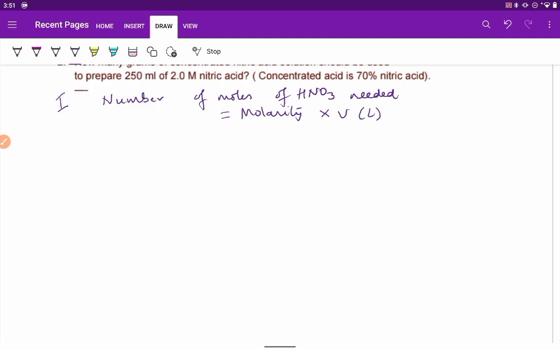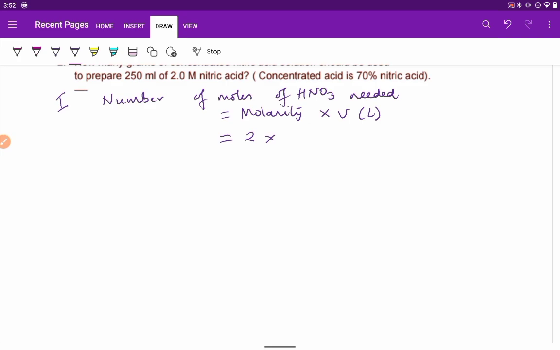Into volume in liters. So here what is molarity given? 2. Volume is given 250 ml. So molarity is given how much in the question? They have given 2 molar. So we will write 2 into volume. Volume is given as 250 ml.